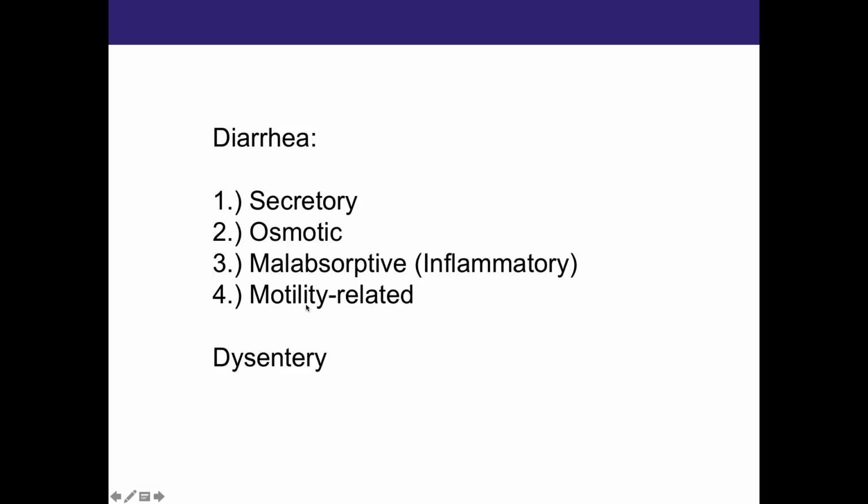Motility related is the same thing. If the food is moving through your small intestines too fast or too slow, it can cause a motility related diarrhea, just another type of osmotic diarrhea. And then dysentery is when you have blood in your stool, and that can be caused by an ulcer or other related inflammatory diseases.